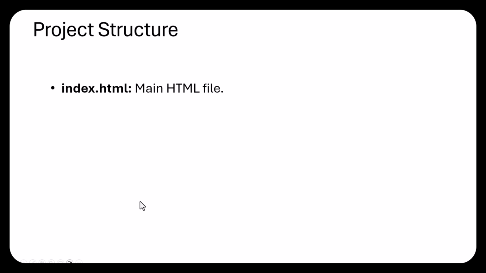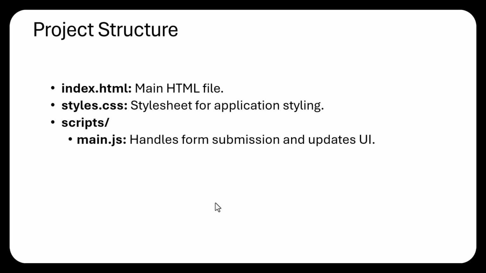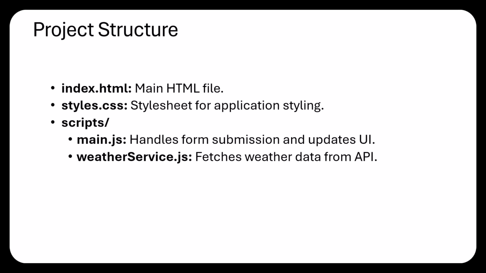The project structure is, we have an index.html, which is the main HTML file, and a style.css style sheet for application styling, and we have a scripts folder which has main.js, which handles the form submissions and updates the UI, and weatherservice.js, which fetches the weather data from the API.